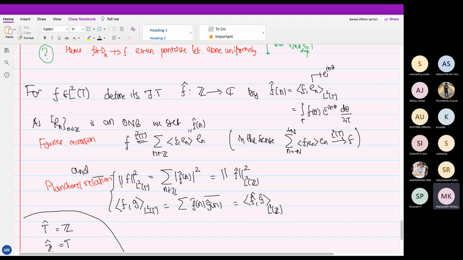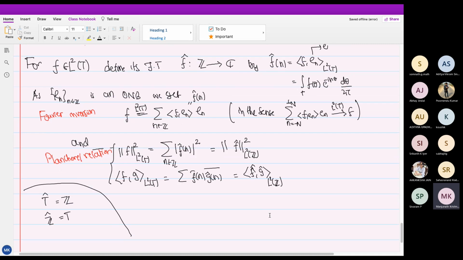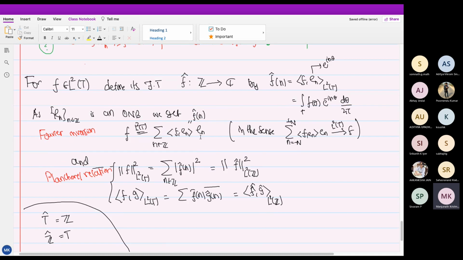Or more generally, the inner product of two functions in L2 of T is the inner product of the corresponding Fourier transforms in L2 of Z. So this is what I ended with. This whole thing comes directly from basic Hilbert space theory, that if you have an expansion with respect to an orthonormal basis, then this kind of stuff is true anyway. So this we have seen.